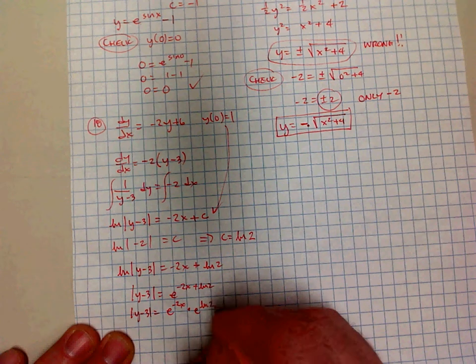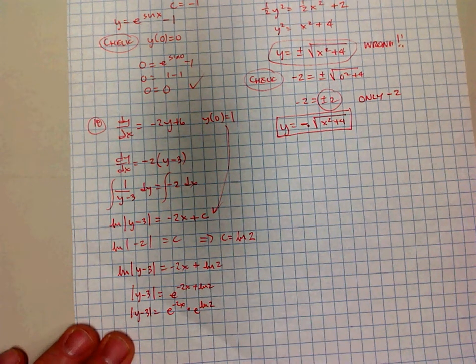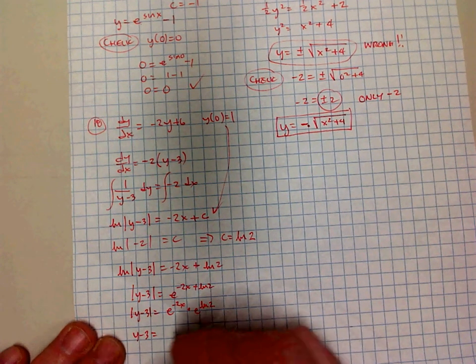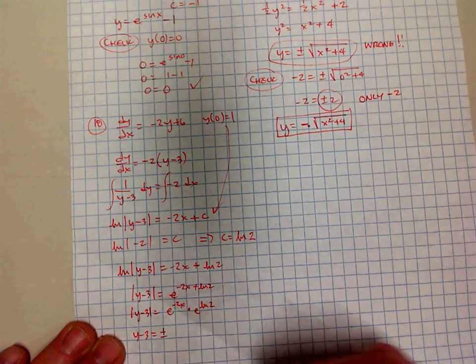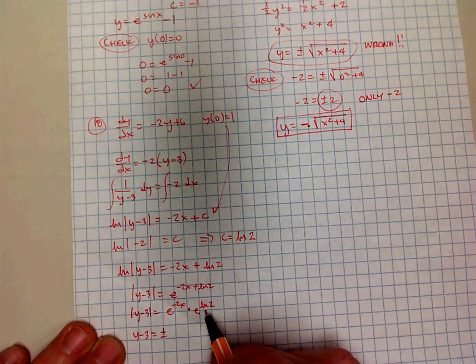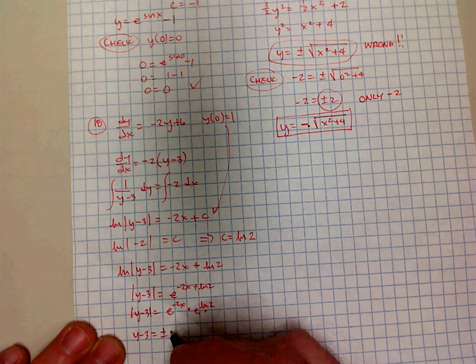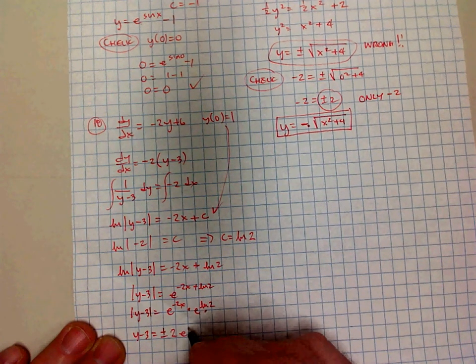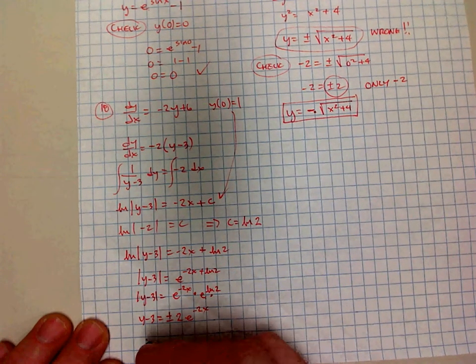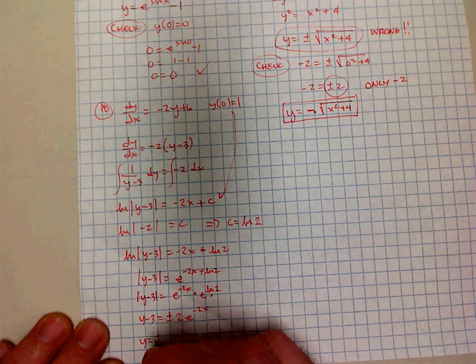Of course, the absolute value here can be gotten rid of by saying this is just going to be a plus or minus on this side. Well, think about this, e to the natural log of 2, isn't that just 2? So this becomes 2 times e to the negative 2x. Add 3 to both sides. y equals plus or minus 2e to the negative 2x plus 3.